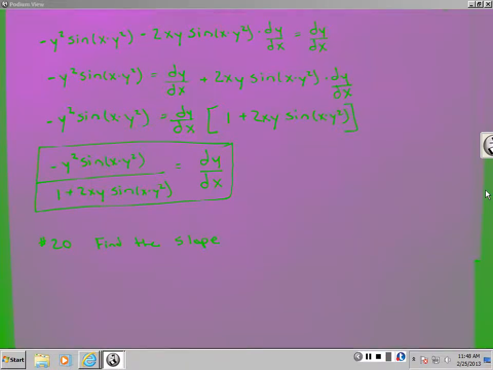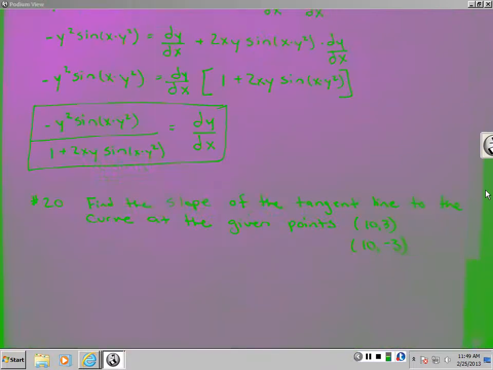So number 20 says find the slope of the tangent line to the curve at the given points. So automatically you can tell this is not a function, right?